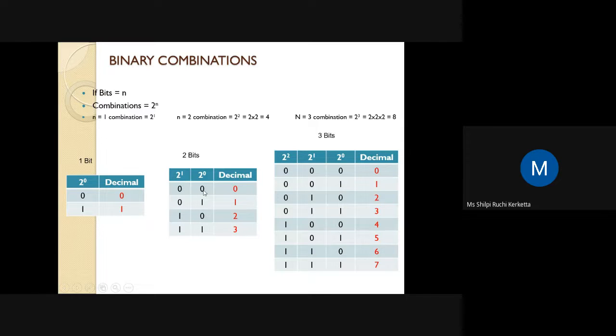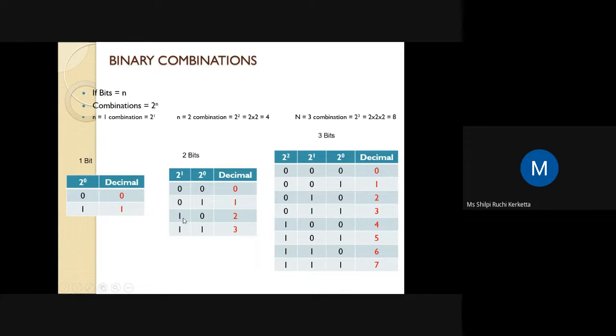So 0, 0 means 0 into 2 to the power 0 plus 0 into 2 to the power 1, so we get 0. For 1, the combination is 0, 1. We multiply 1 into 2 to the power 0, that is 1, and 0 into 2 to the power 1, and we add both of them. So 0 plus 1 gives 1.